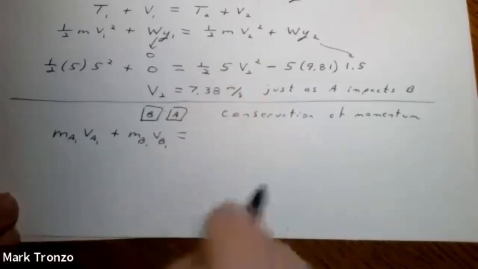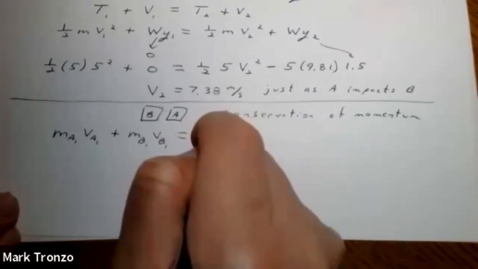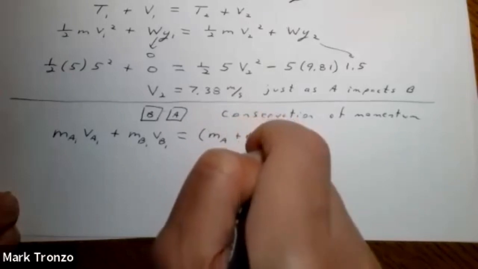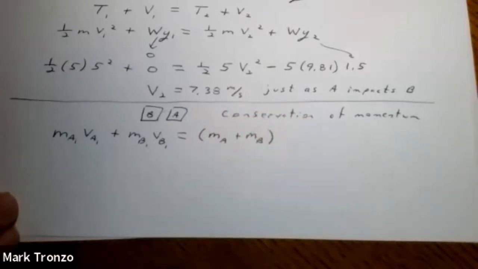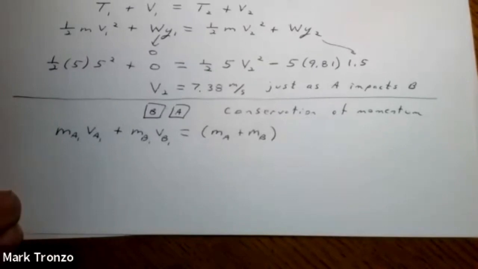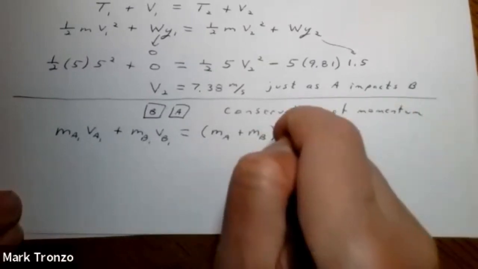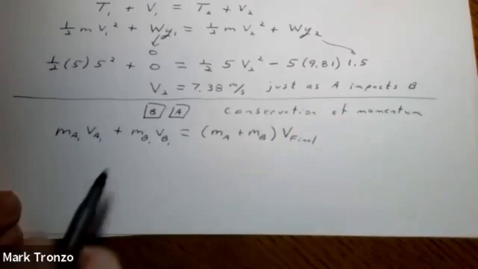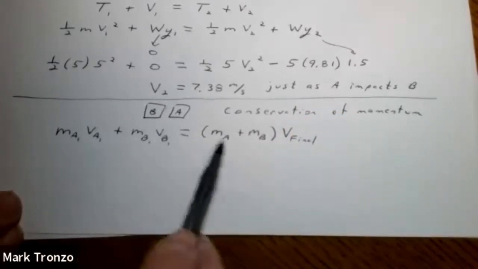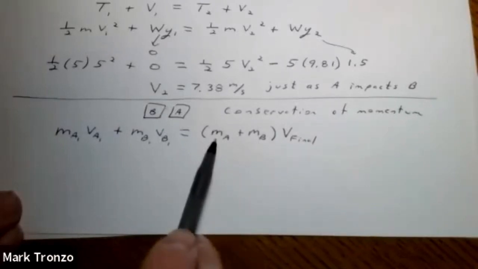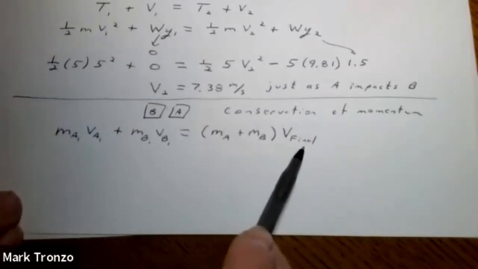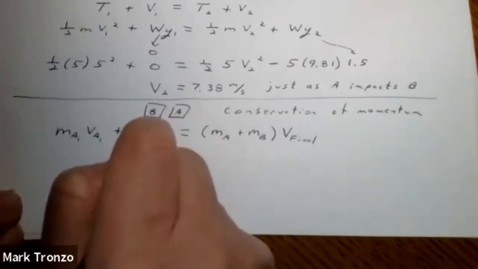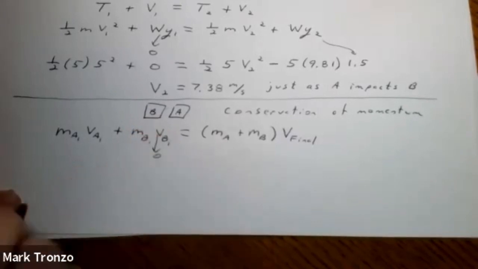Then after impact, they're going to be together, so the mass is going to be summed. So it's going to be mass A plus mass B, like that, times maybe the final velocity. So before they were separate, then once they come in contact, they're going to be together and have one velocity they're moving along. Once again, B is stationary at the beginning, so it's going to be 0 to start with.